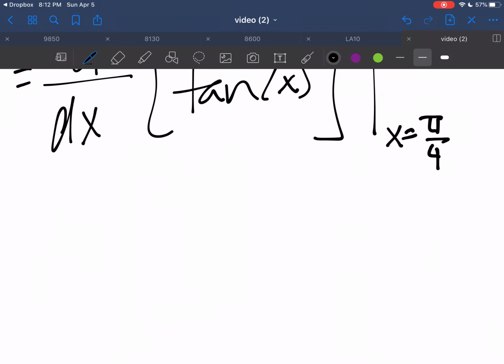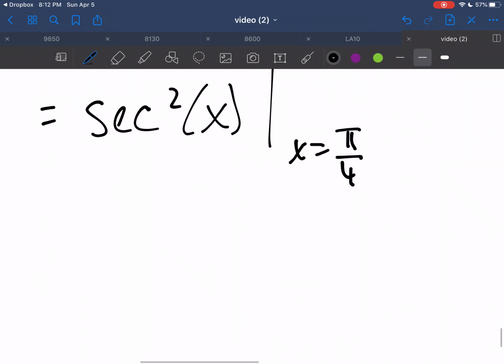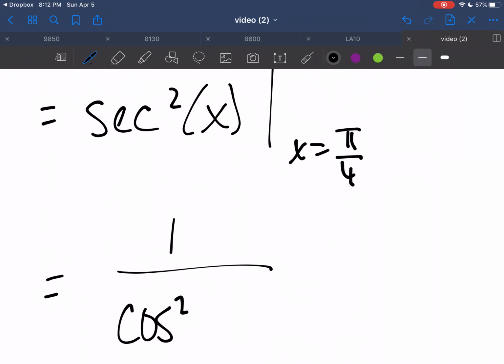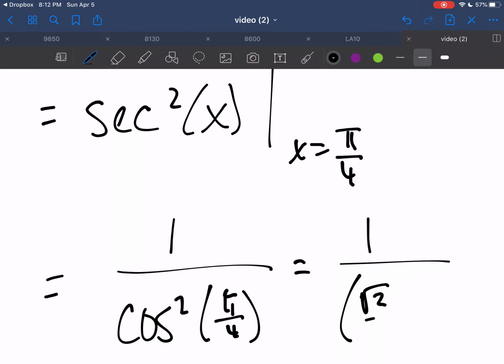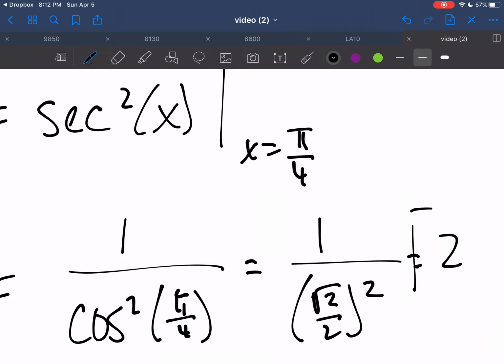which we know is secant squared of x evaluated at x equals pi over 4, which is the same as 1 over cosine squared of pi over 4, which is equal to 1 over root 2 over 2 squared, which is just 2.